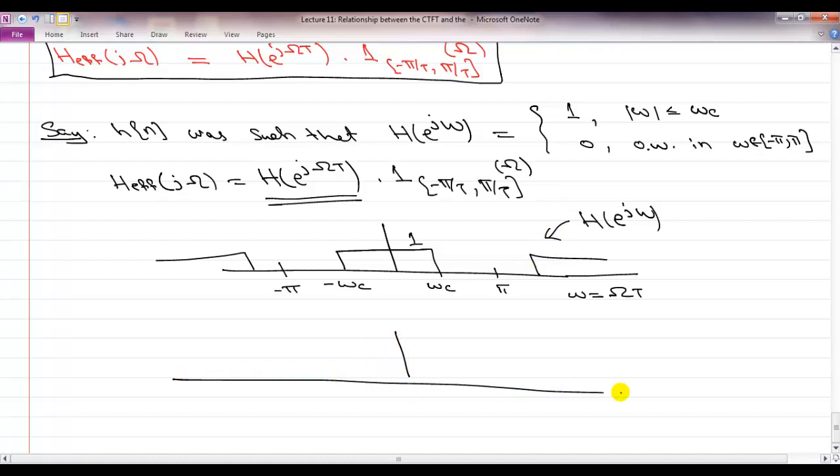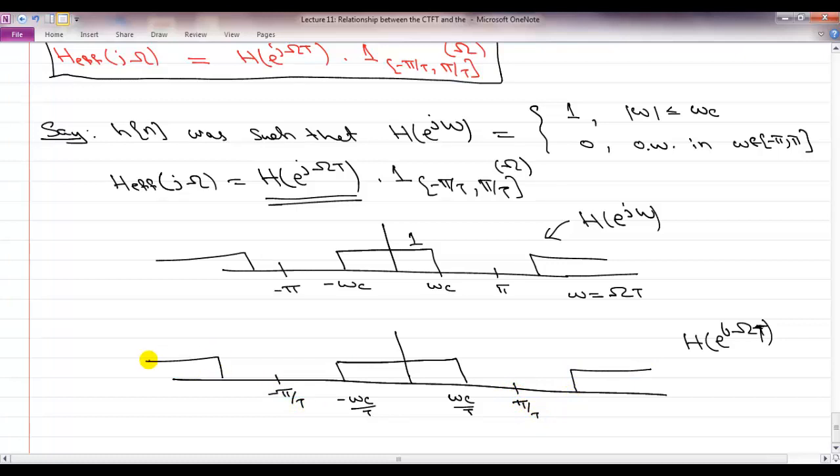Your H(e^{jΩT}) will then simply look like a scaling of the axis. This will become ω_c over T, minus ω_c over T, minus π/T, and then things will repeat. And then because of this relationship, what it is saying is you only focus on whatever you have between minus π/T and π/T.